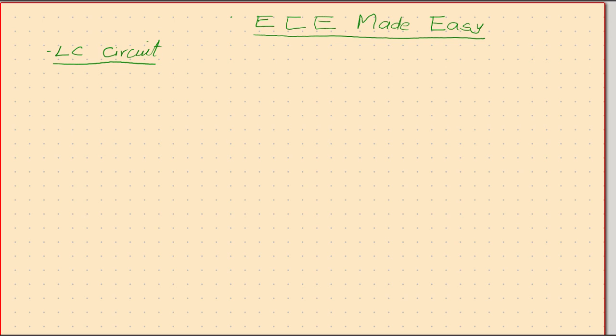Now it's a special case when both the components are energy storing. One stores in the form of magnetic field, the other stores in the form of electric field. And the wonder of this LC circuit is created when we have these two components connected in parallel.